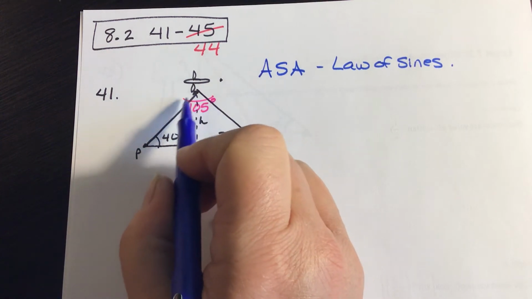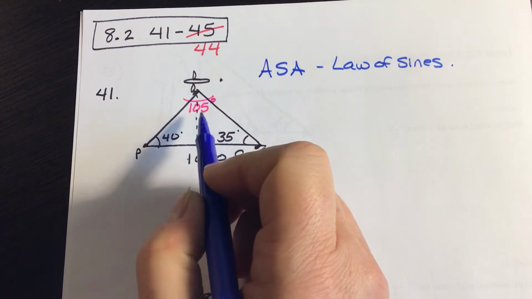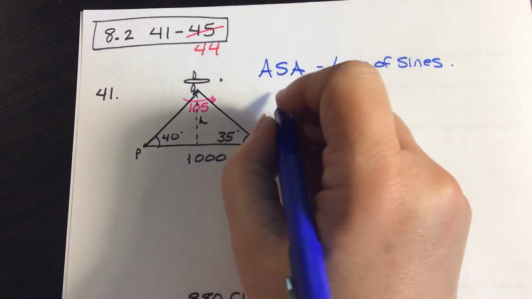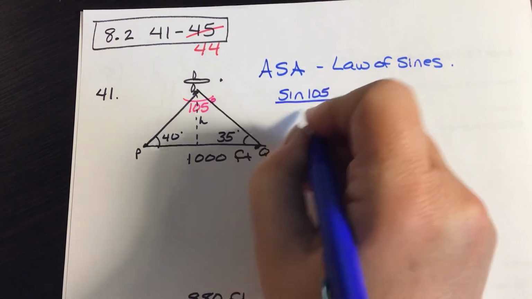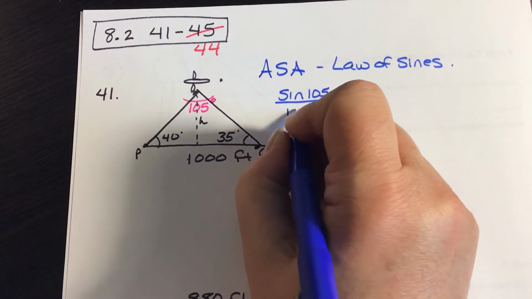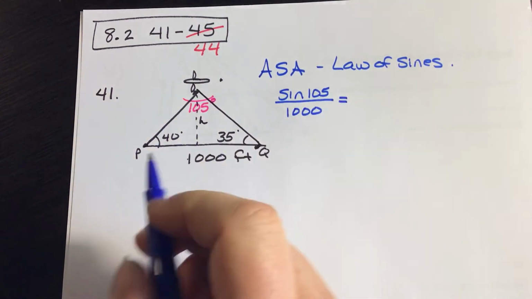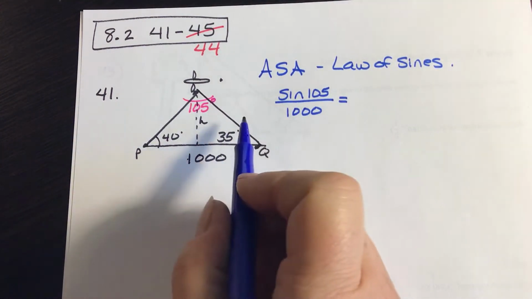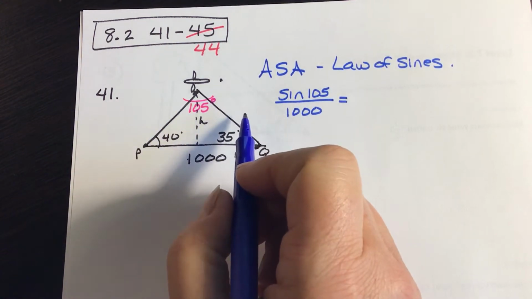So I needed to know that this angle was 105 degrees. So one of my ratios is going to be sine 105 over 1,000. And then I need to set that equal to another ratio to find the lengths of one of these sides.